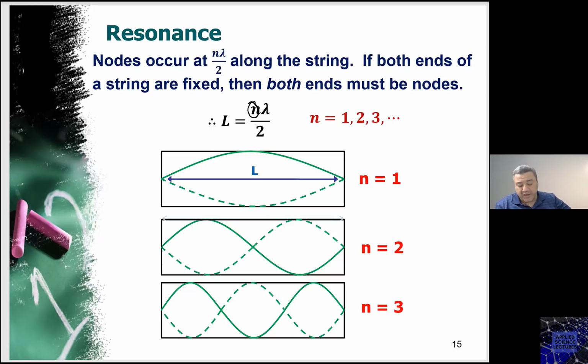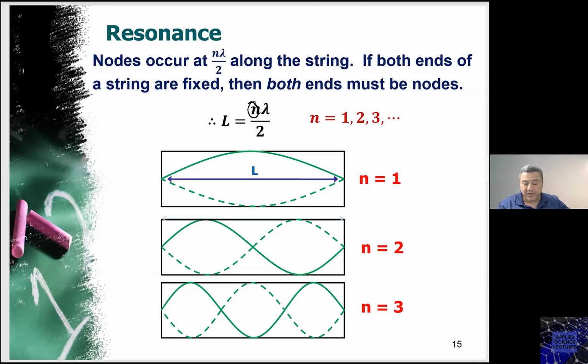So when the length of the string equals lambda over 2, this is the smallest resonance frequency you can get for a string. However, this frequency can increase, and those are what we call the harmonics.